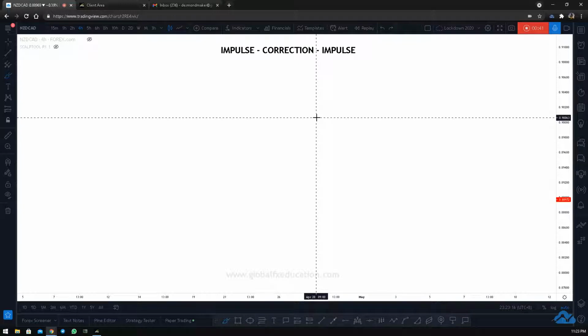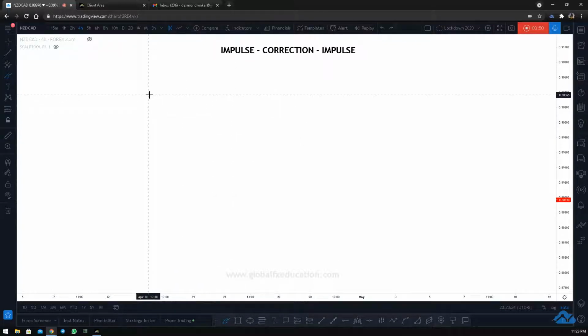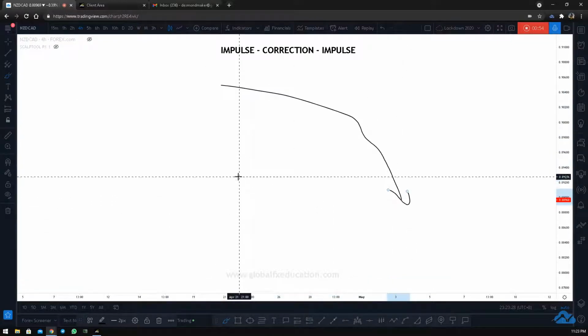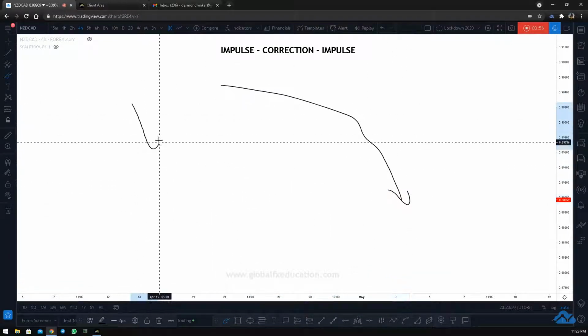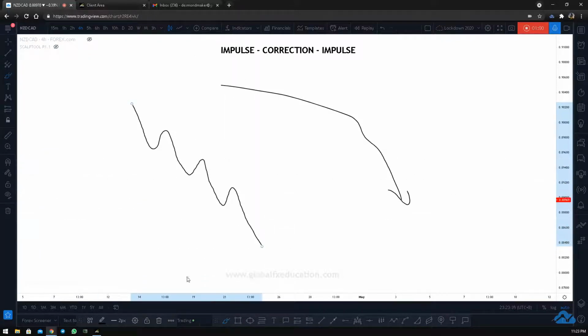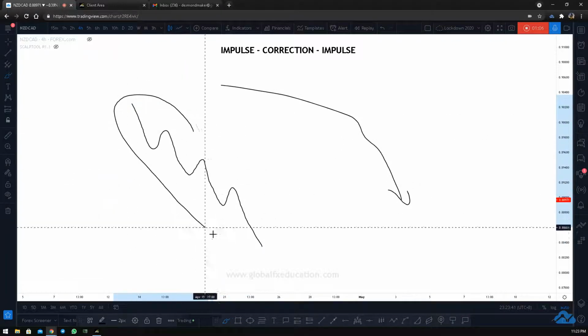Now, if you have watched the market for a long time, or if you've been trading for a long time, you will understand that when you see the market in a good bearish momentum, you can see the market creating some sort of wave like this. The market will create waves, and this is what we call impulse, correction, and impulse.